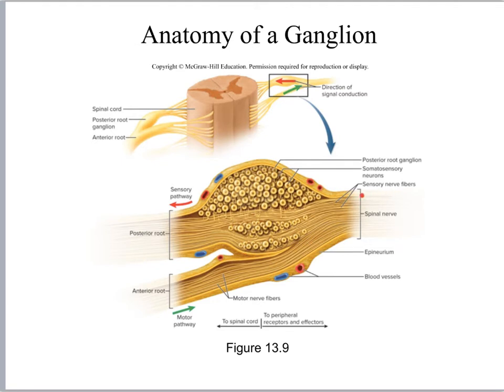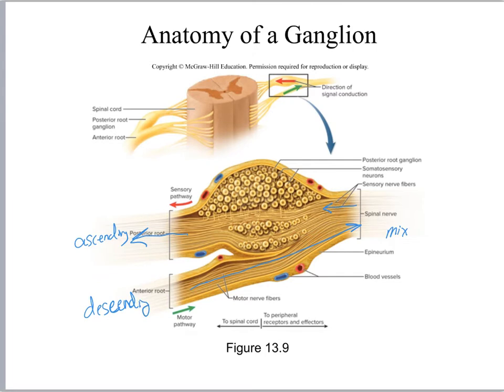And then this is the spinal nerve. So remember, the spinal nerve is a mix of sensory and motor. So you can see that these are going that direction and these are going in this direction for the sensory. So ascending and descending.